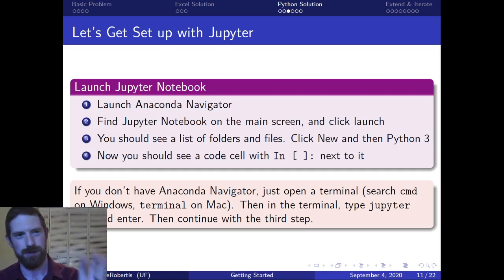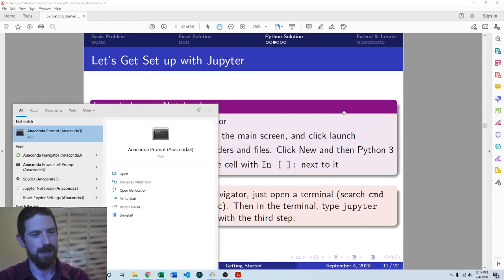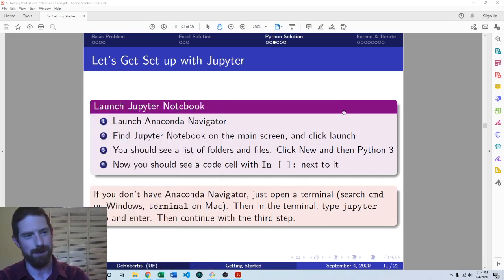So we've got some instructions here on how to get Jupyter Lab started. So we can look at that quickly, how we would do that. The easiest way to do this is to search for Anaconda Navigator. And you see this thing come up here as I search that.